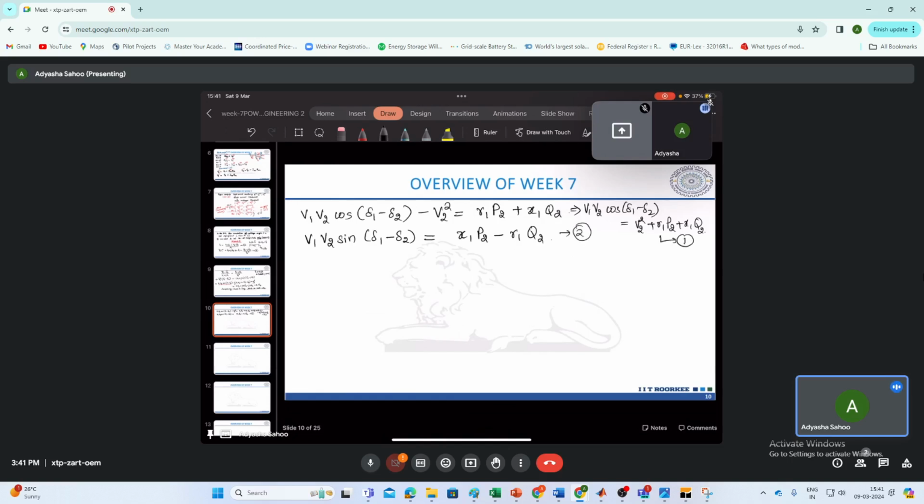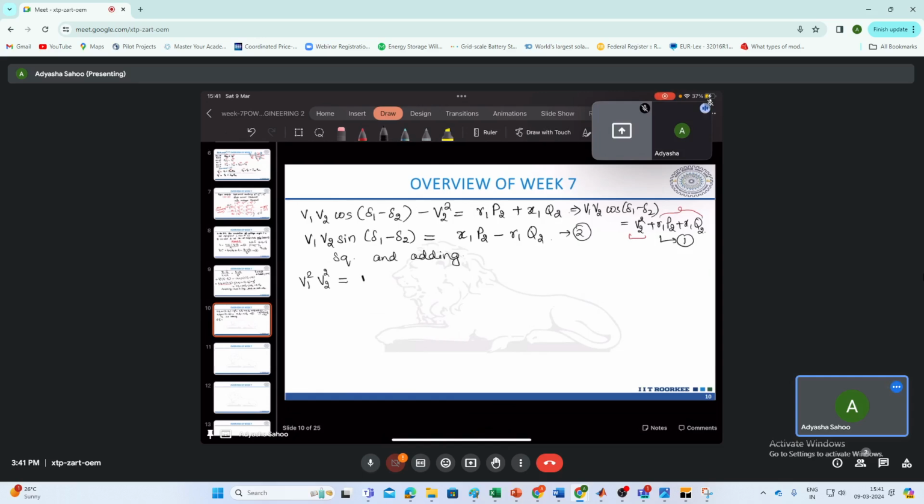So squaring and adding these two equations, in the first part you will get V1 square V2 square, and the sine square plus cos square term will go out, that will be equal to the right side. So let me consider this as the first term and this as the second term.